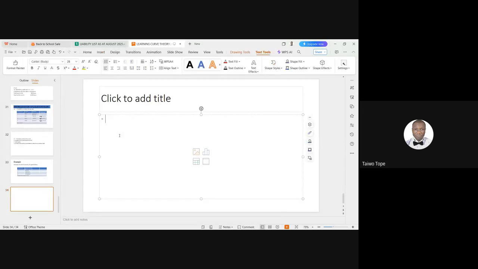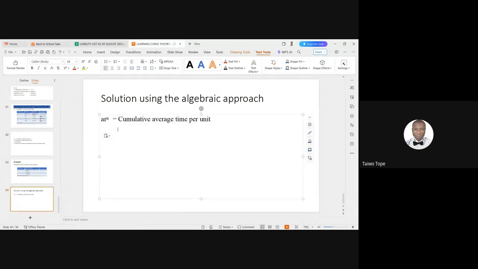To solve using the algebraic approach, the value of A is 20. R is unknown, that is what we want to determine. N is 3.